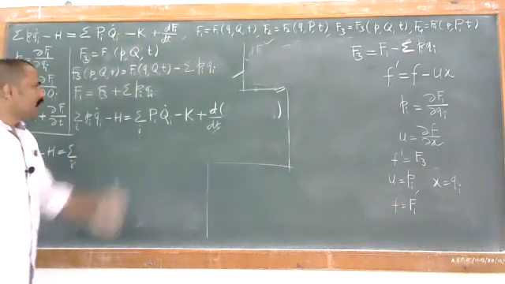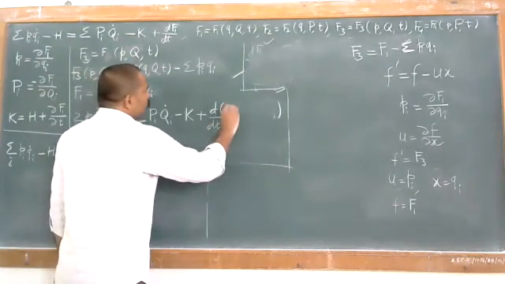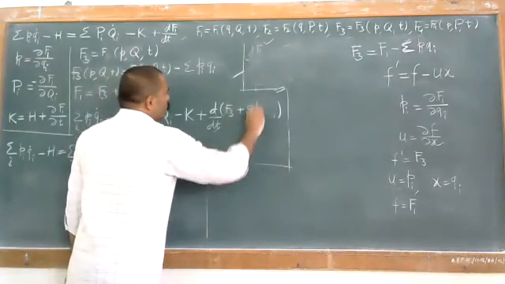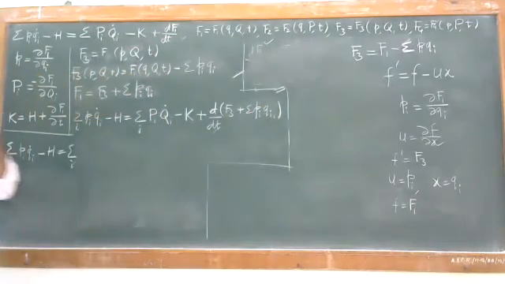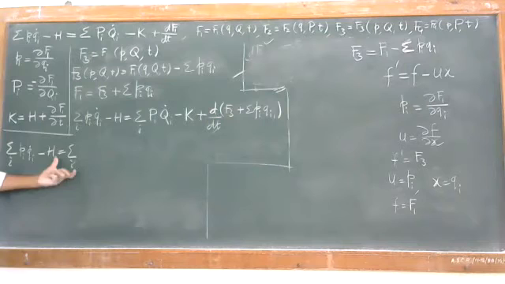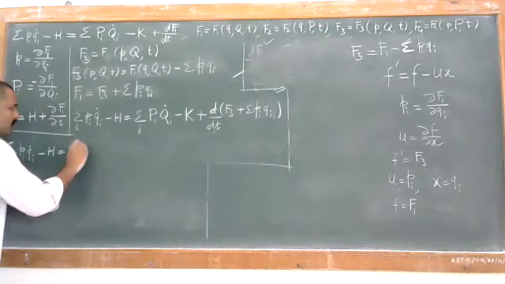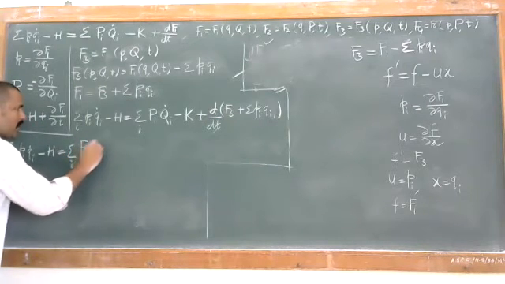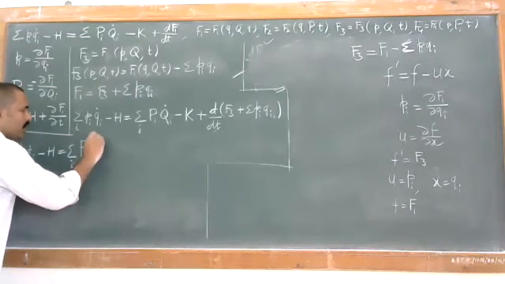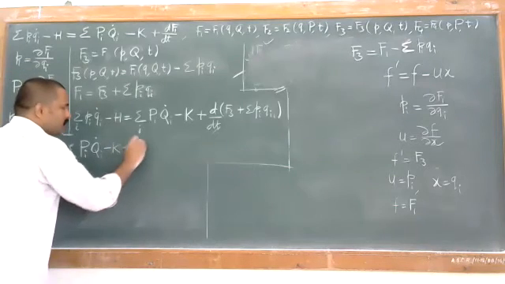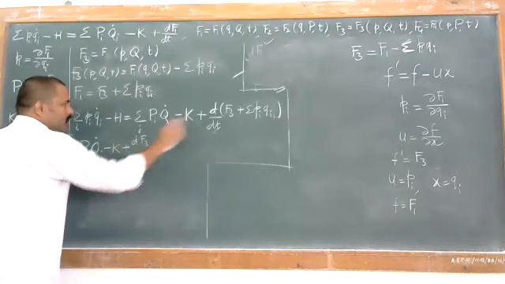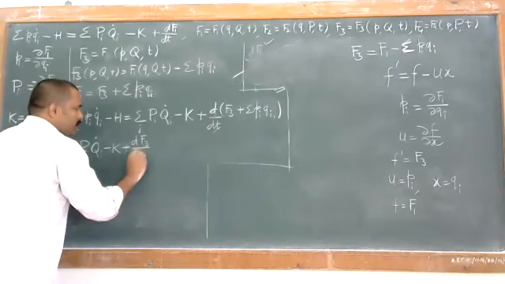So you'll have to write that, and you can have an equation that is f3 plus summation over small pi into this q1. You just have a transformation: the summation over pi qi dot minus h as it is is equal to summation over this pi into capital Qi dot minus k plus the differentiation of this, that is df3 by dt.